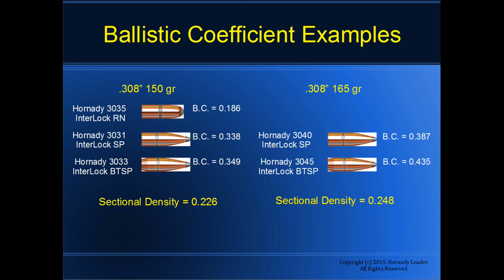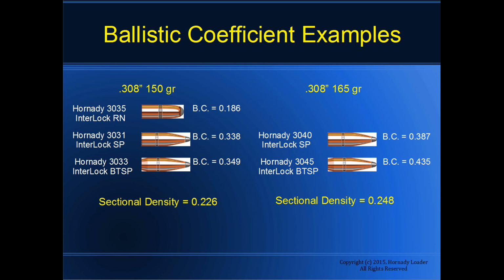So to really compare the two bullets, you can't just look at the ballistic coefficient. You really have to create a ballistics table and look at the drop chart to see what the trajectory of the two bullets are and compare them that way, rather than just going by the ballistic coefficient alone. So it takes a little more research.